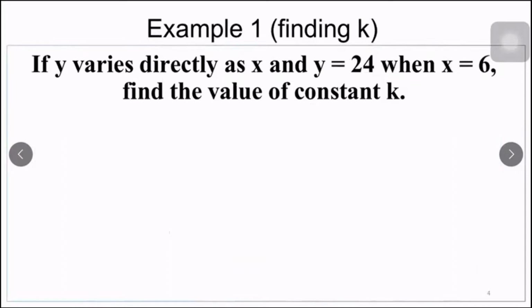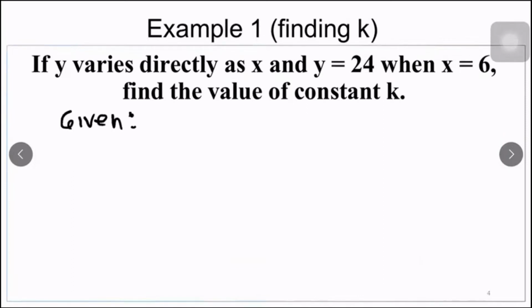According to here, if y varies directly as x and y is equivalent to 24 when x is equivalent to 6, find the constant k. So always remember, in solving for k, what we always do is write the given.